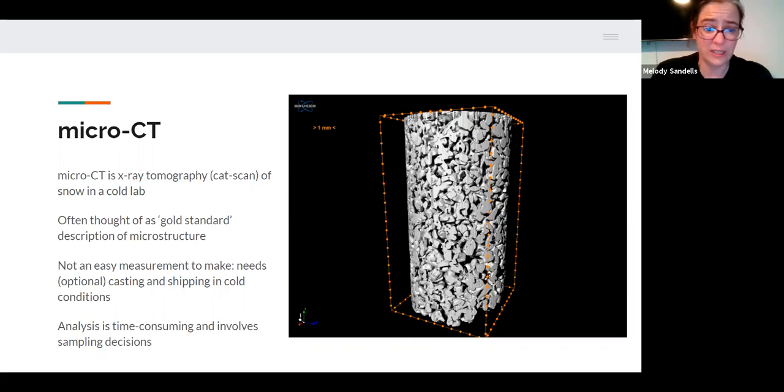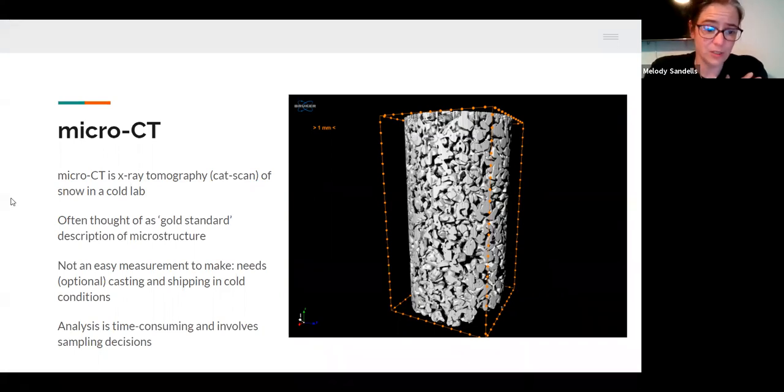However, it's really not an easy measurement to make. It's not always cast in the field, but sometimes it is. You pour diethyl phthalate and it fills all those voids, and you keep it super cold and ship it to a cold lab where you can start to slice through and determine the microstructure.